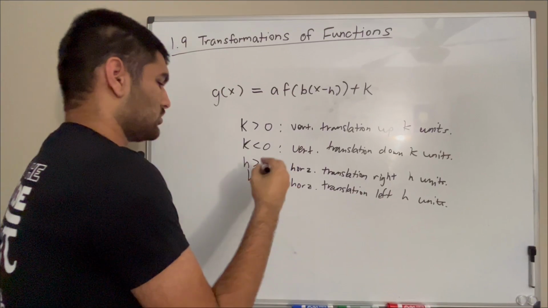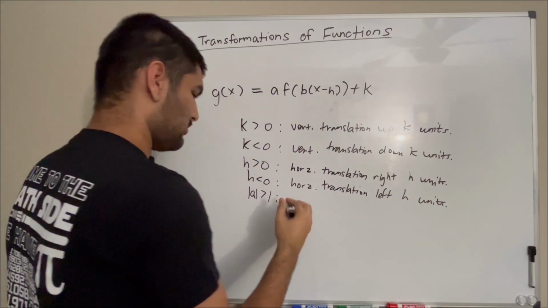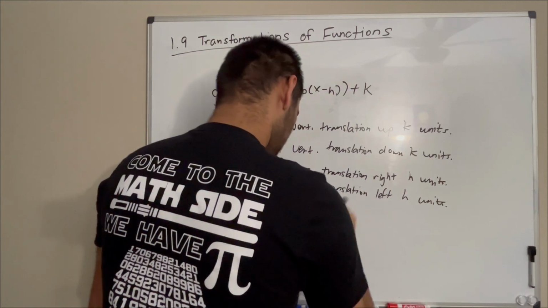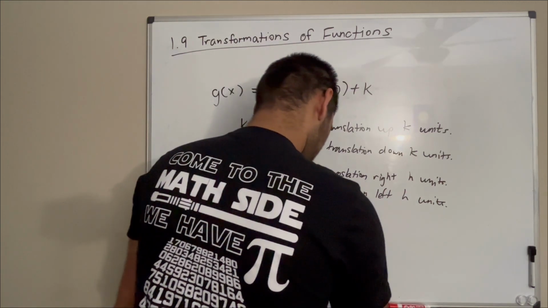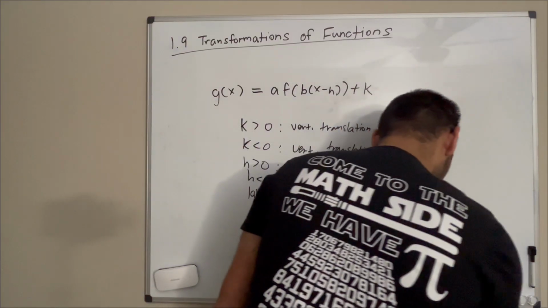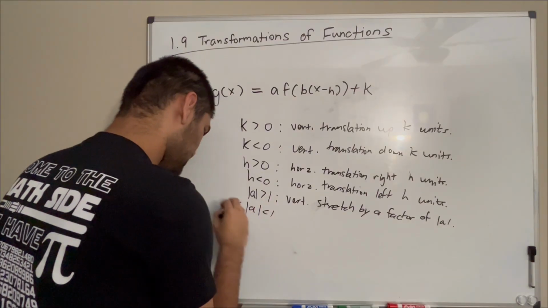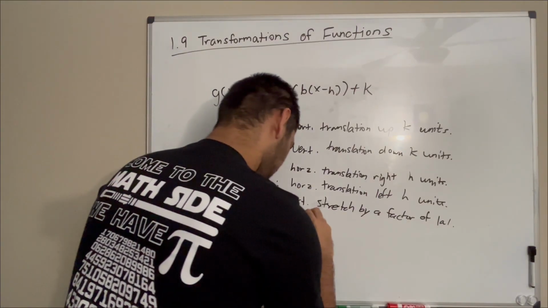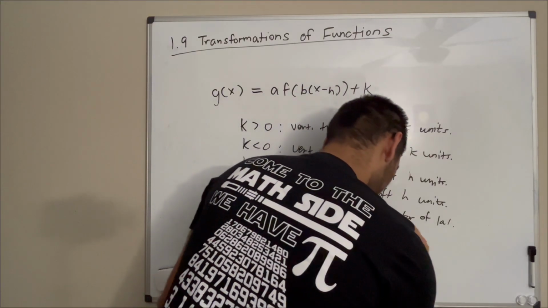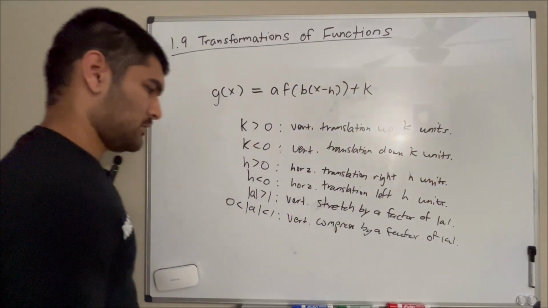Alright, so when absolute value of A is greater than 1, we say that it's a vertical dilation or vertical stretch by a factor of A. And then when absolute value A is between 1 and 0, then we say it's a vertical compress by a factor of A. Okay.